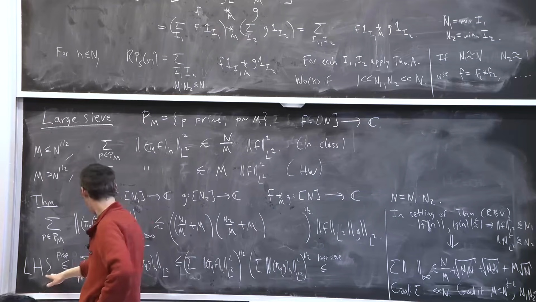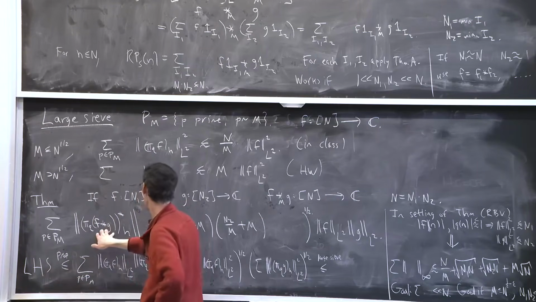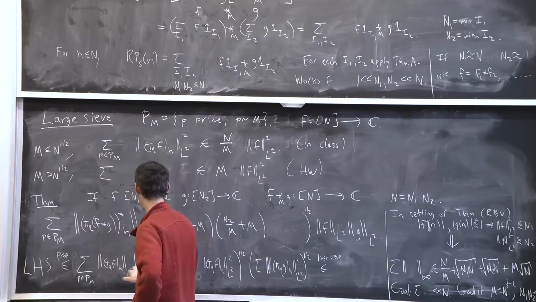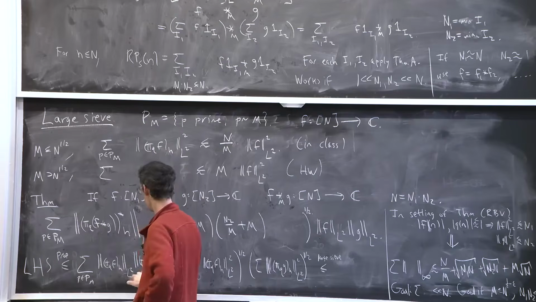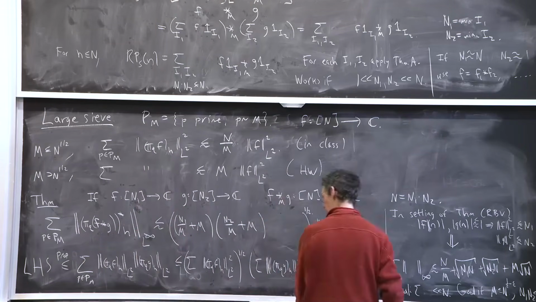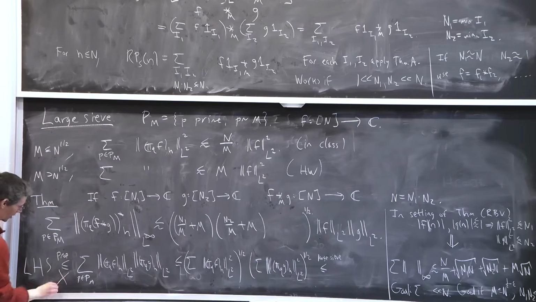Then we applied the proposition. Basically, we said this is a convolution. And you can bound the L infinity norm of the convolution by the product of the L2 norms by Cauchy-Schwarz. This step here is a big loser. I didn't bring my red chalk, but I would put a big red star here. This is a big lossy step.